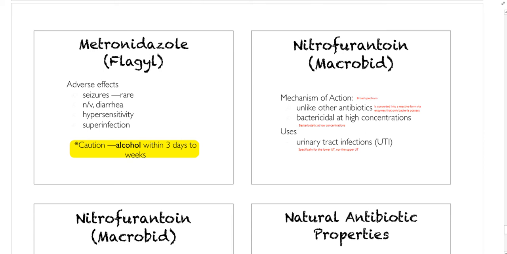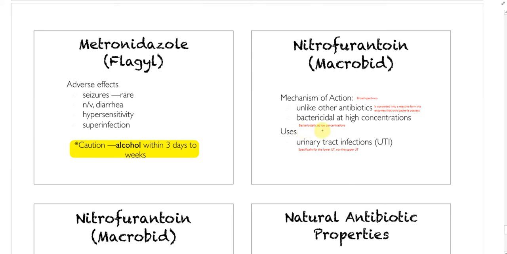Nitrofurantoin or Macrobid, broad spectrum, and is different from the other antibiotics in that it is converted to a reactive form, specifically from the enzymes that only bacteria create. So it will remain unchanged, inactive, until it interacts with the bacteria that we're trying to get rid of, at which point it'll become active and destroy that bacteria.